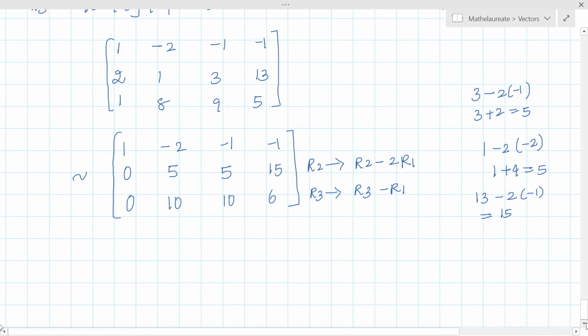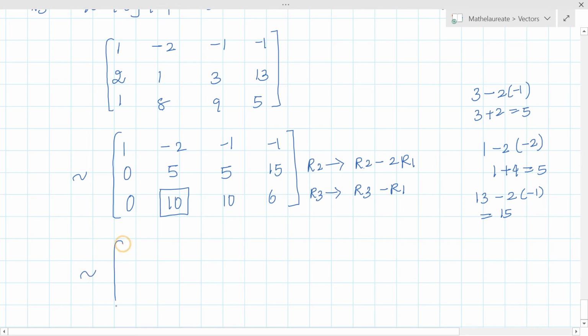Now if you compare the second and third rows, here you can see 5, 5, 15 and 10, 10, 6. We made these two numbers 0. Next, our aim is to make this number 0. This is 10, and as I said in my previous video, you have to use the second row and third row only to make this 0. If you use the first row, it will again become a non-zero number.